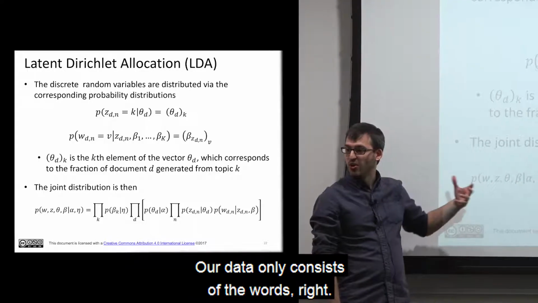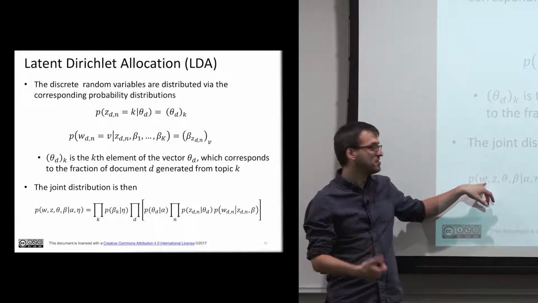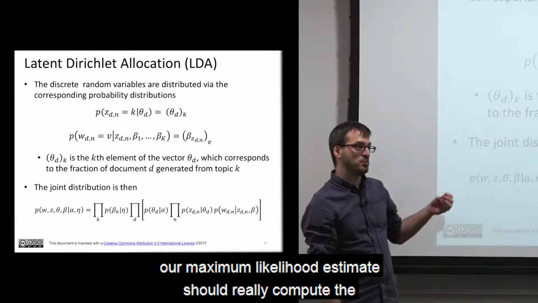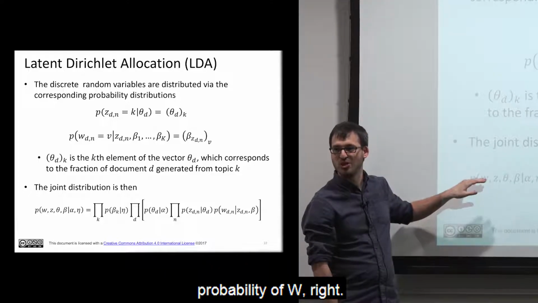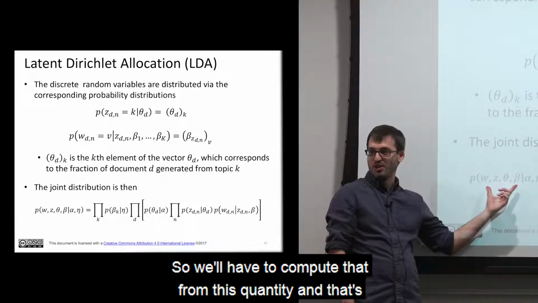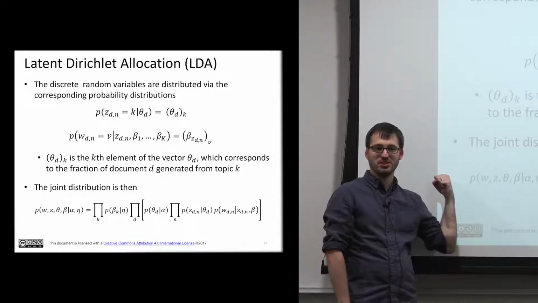Our data only consists of the words. We don't get to see anything else. So to do maximum likelihood estimation, our maximum likelihood estimator should really compute the probability of w, so we'll have to compute that from this quantity. And that's where all the hard work is in this LDA application.